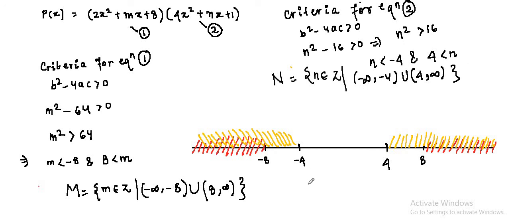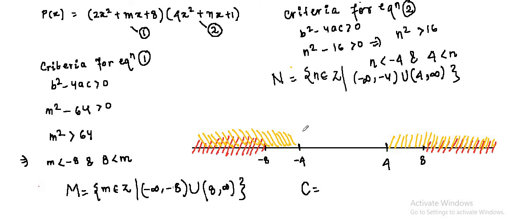Now let's check out what will be C. As you know that C is M intersection N. When both of the conditions get satisfied, then only this equation will have 4 real distinct roots. Let's find out the intersection from the diagram.